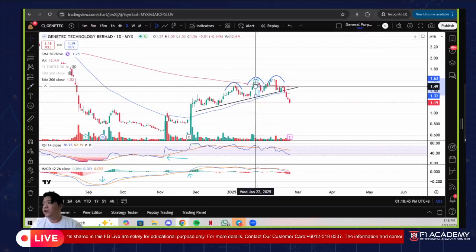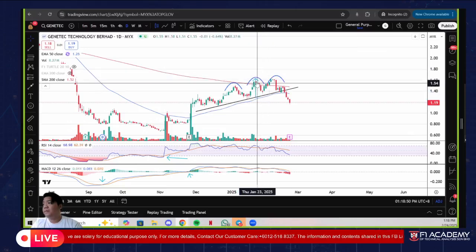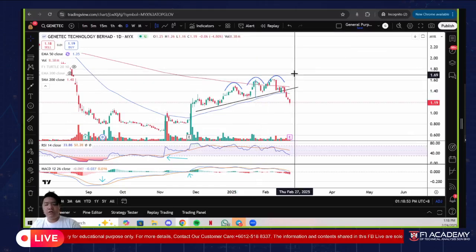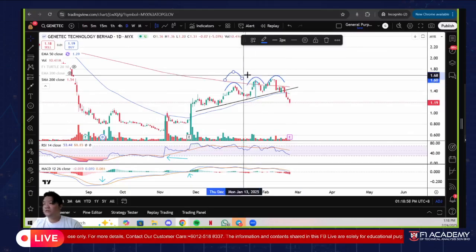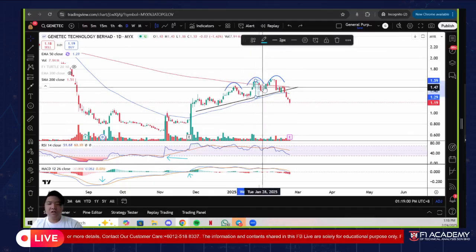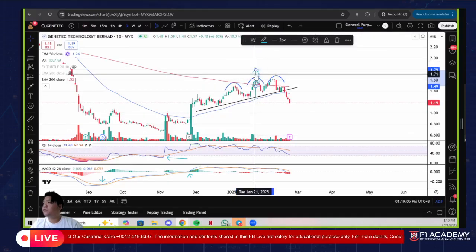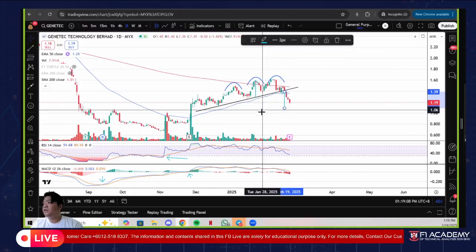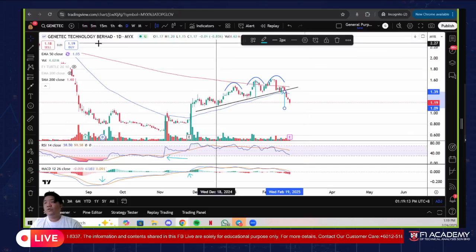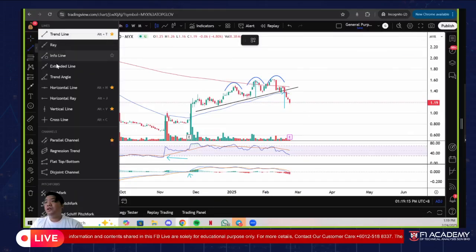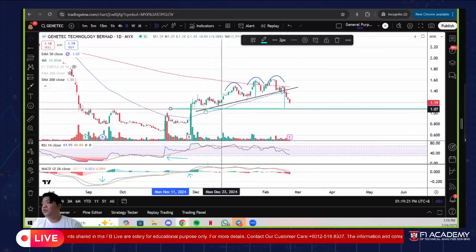Now, how far is it going to drop? It is usually a one-to-one from the neckline to the top of the pattern, give or take. Just a second here, and I'll give you an estimate of how far it can go. So it broke the neckline, and from what I can see, we can expect it to drop at least to here, which is also a region of support.